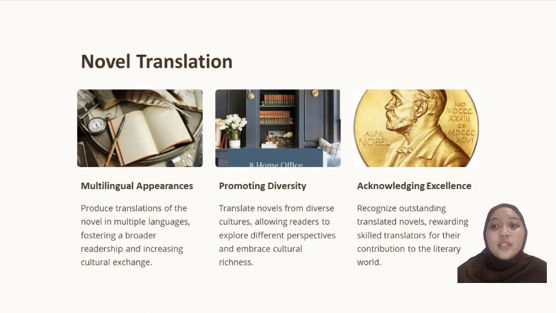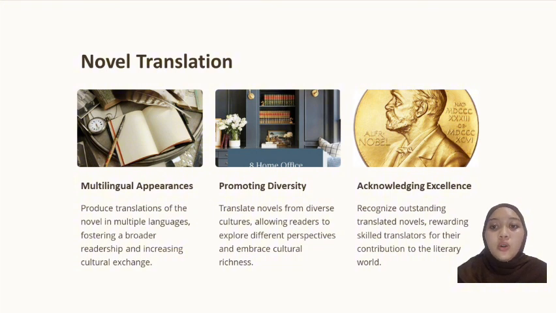By recognizing outstanding translated novels, the literary world can acknowledge the skill and creativity of translators, who play a vital role in making novels accessible and enjoyable for readers across languages and cultures.